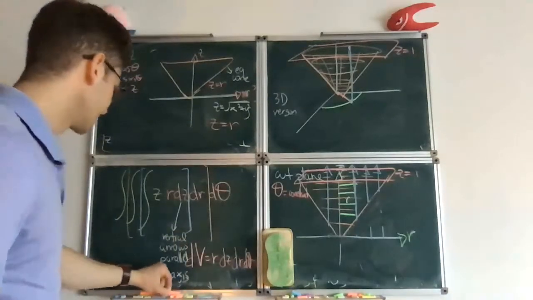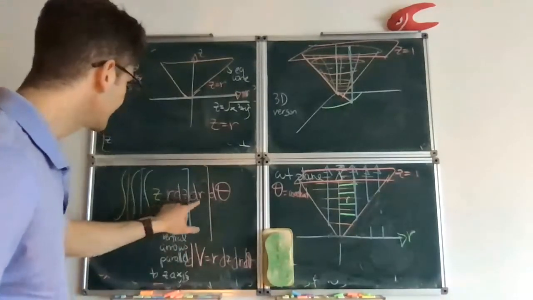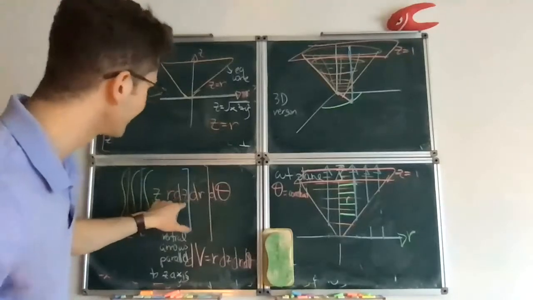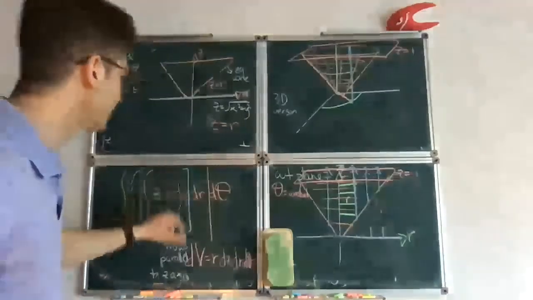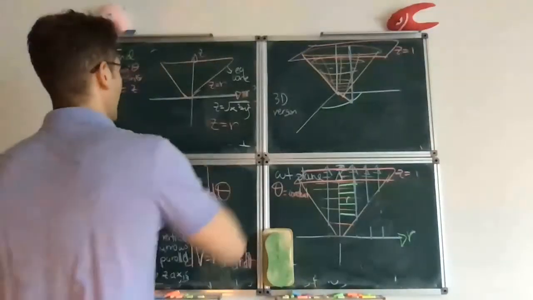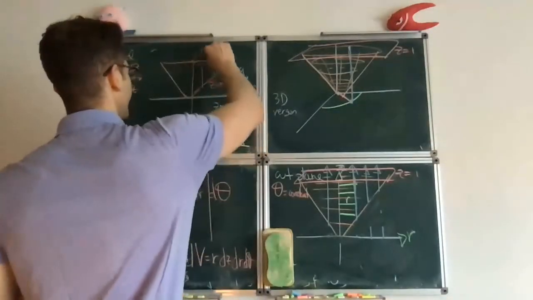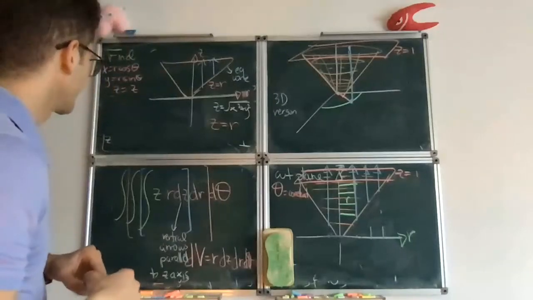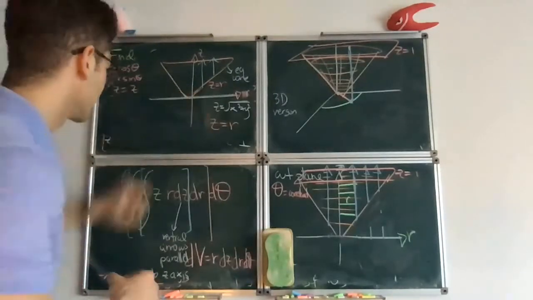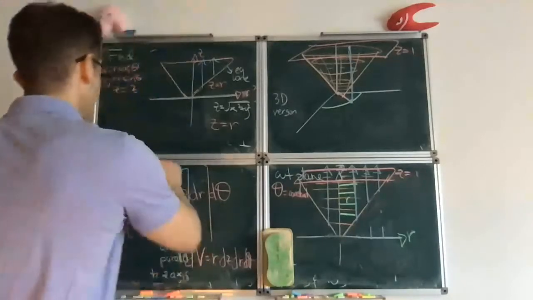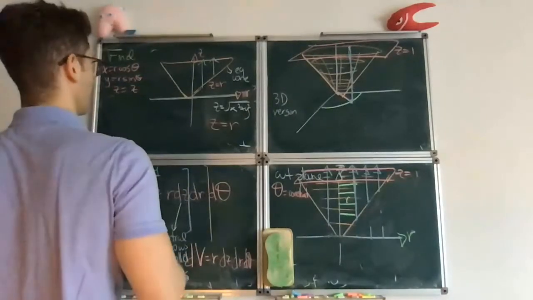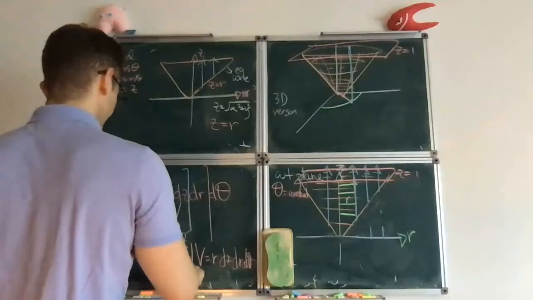Okay, and so using this order of integration, dz dr is like using dy dx, and that's why we're using vertical arrows to understand this region. Notice that the arrows start at z equals r, and they end at z equals 1, because that was the top height that we were allowing.